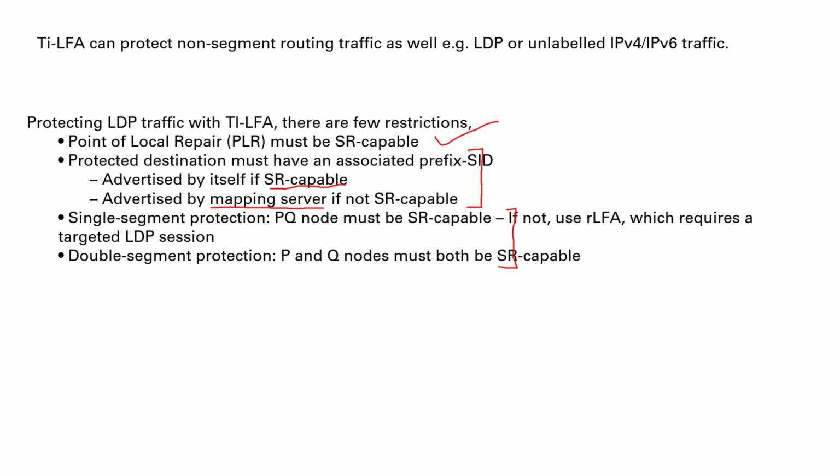So these nodes should be SR capable. So to provide the Ti-LFA protection for the LDP, we must follow all these three criteria. And to provide the protection for the unlabeled IPv4 and IPv6 traffic, we must follow the first one and the last criteria.